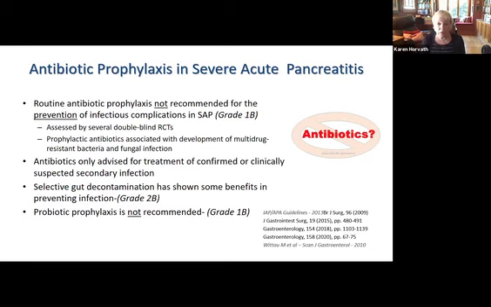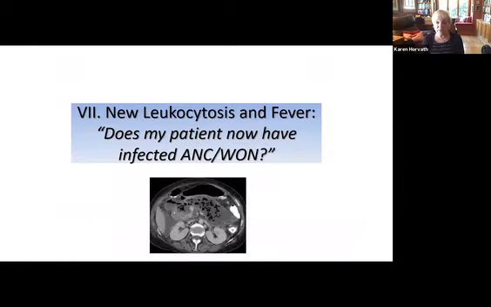And so they're really only advised for the treatment of either confirmed or clinically suspected secondary infection, like pneumonia or UTIs, things like that. Selective gut decontamination has been shown some benefits in preventing infection, and probiotics are actually contraindicated in this patient population.